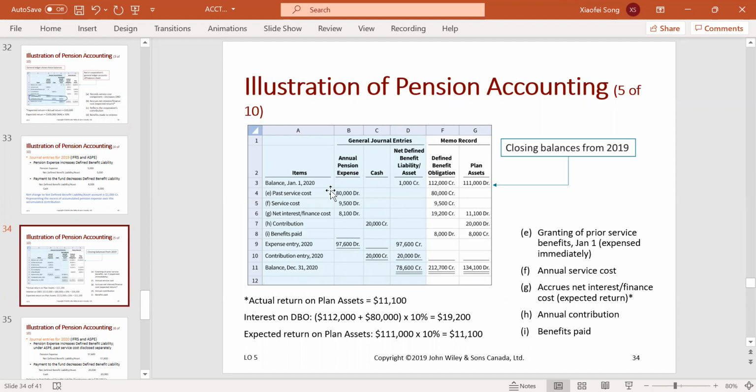So it's unlike actual gains and losses. They could reverse because in some years, it's long term and the changes can go both directions. So that's why under IFRS that goes into other comprehensive income. But past service cost, there is no such reversing potential, right?